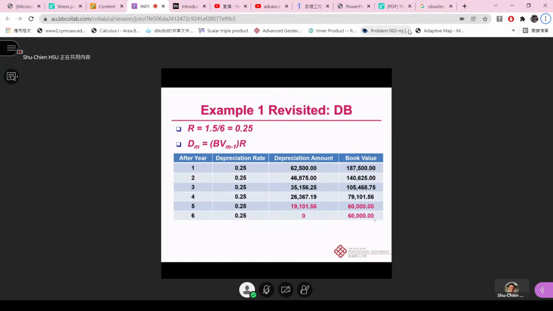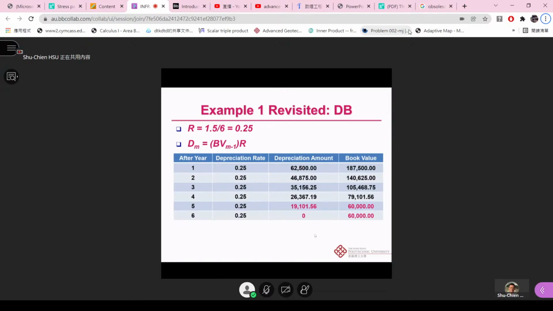Then you are going to find out like this. But now, until here, if we just use this 79,101.56 times 0.25, the depreciation amount for year 5 should actually be a bit higher.